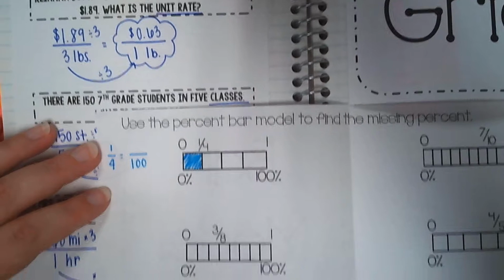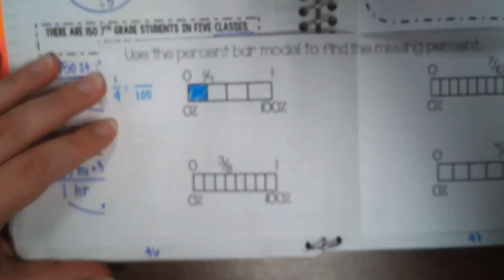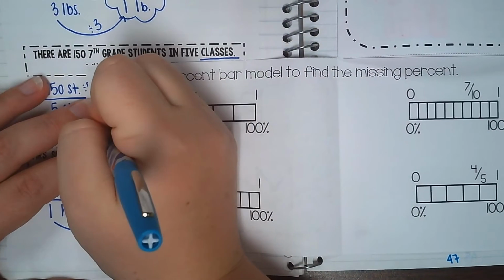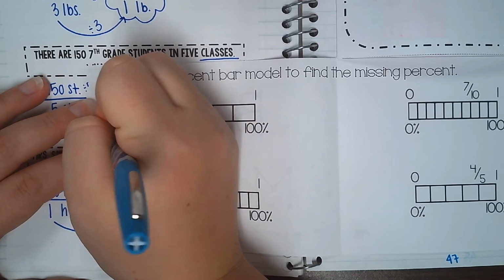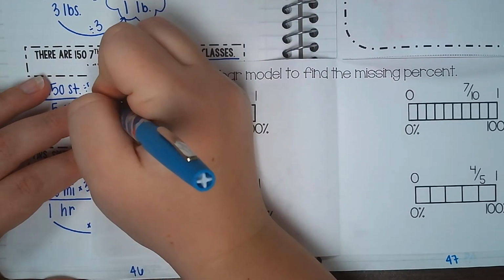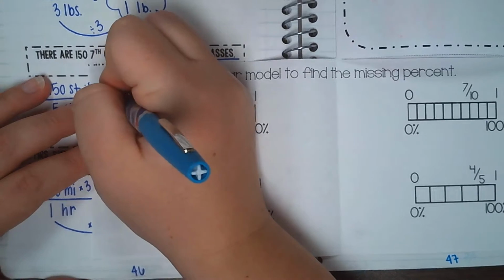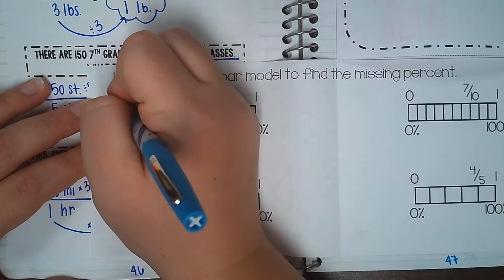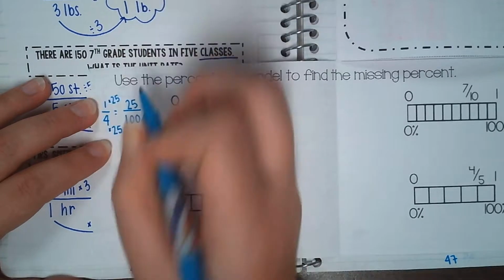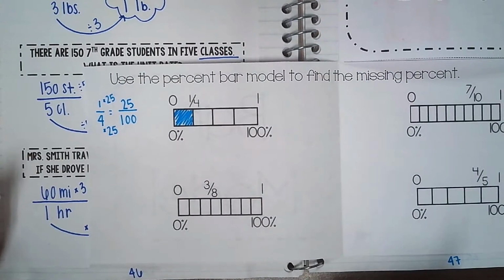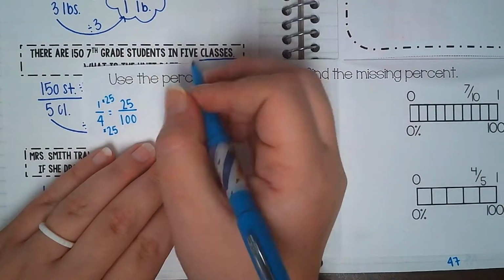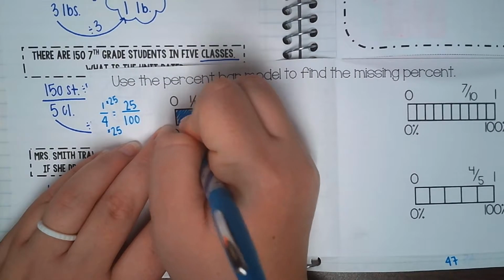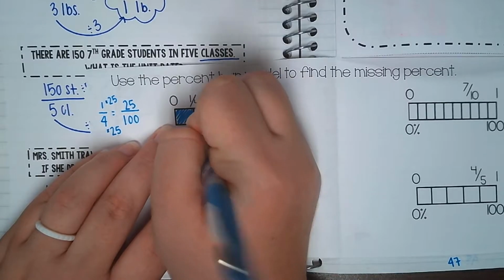So, to get from 4 to 100, I would multiply by 25. So multiply 1 by 25. So that would give me 25 per 100. So my percentage is 25%.